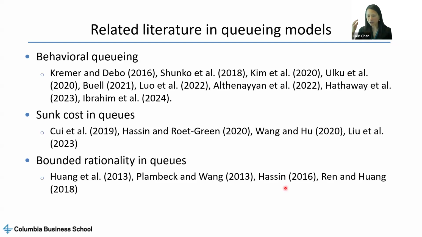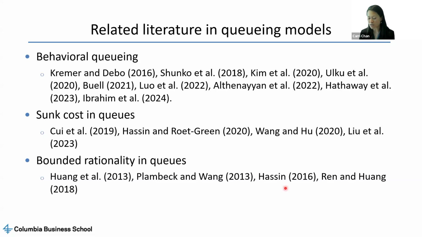There's again quite a large body of literature in our community about the queuing models that capture these factors. Ultimately, we are trying to model the behavior of customers, so it's related to the behavioral queuing literature. There has been some work on sunk costs in queuing systems.